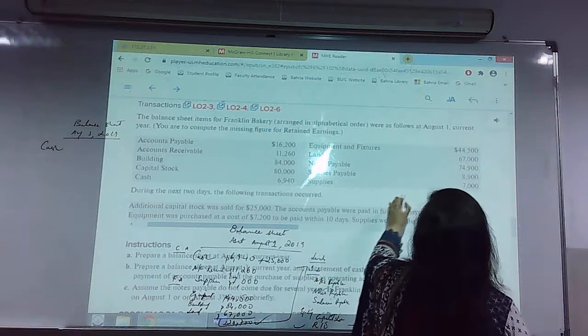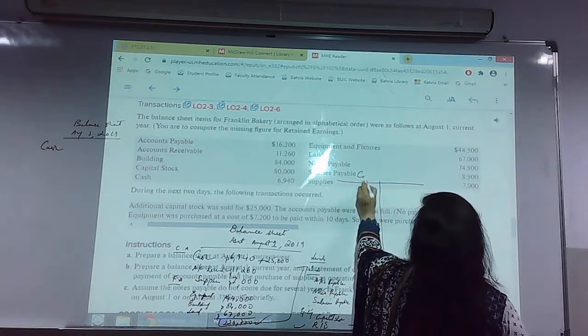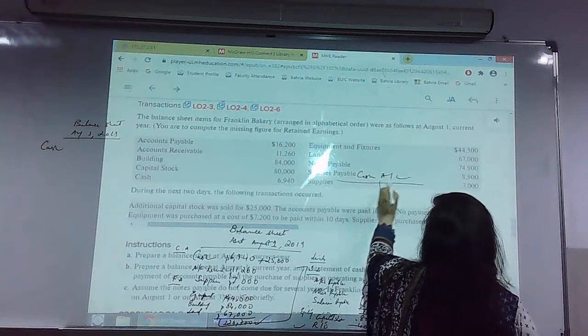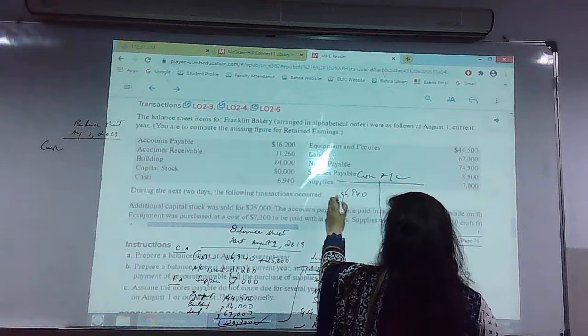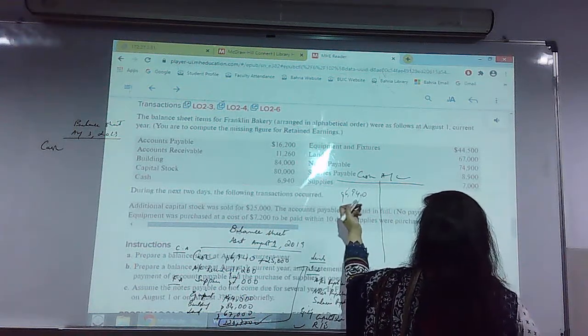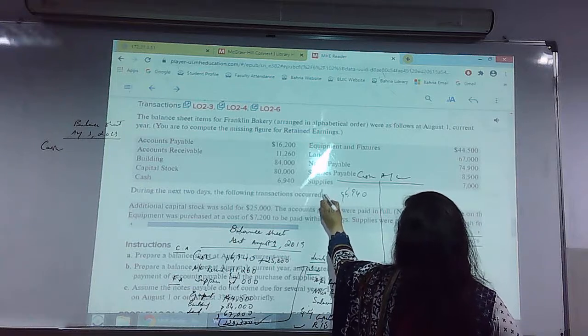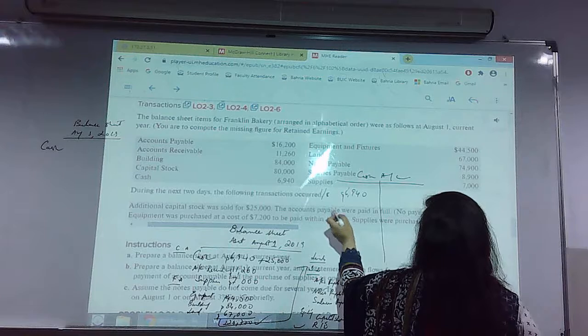So if I make a ledger of the cash, how am I supposed to make the ledger? Ledger would be like a cash account. Initially it was $6,940 as the opening balance on August 1st. And there's a date, so let's suppose August 1st.